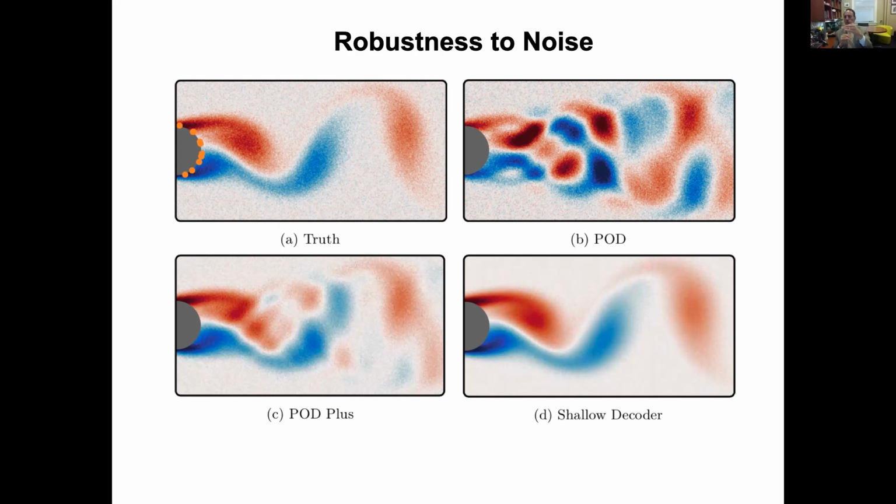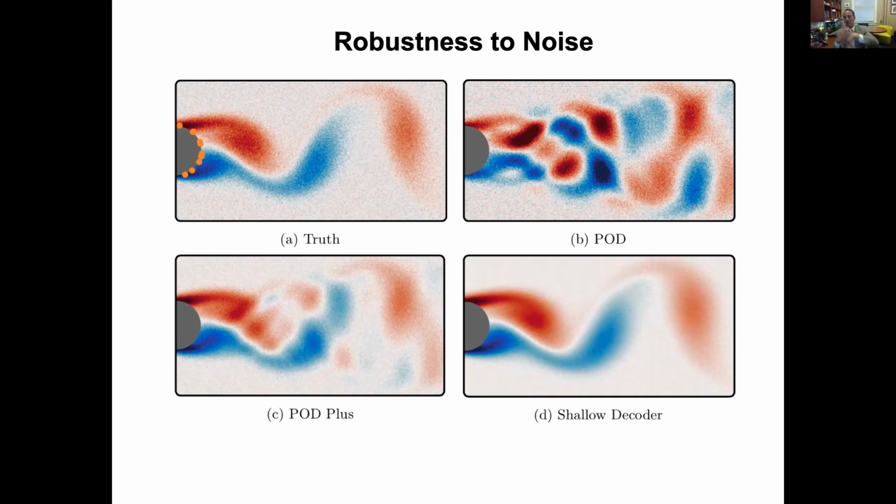There are some ways to improve this linear map, and that's on the bottom left, but it still doesn't do that well. But the shallow decoder is in the bottom right. And look how well it does. By the way, the amazing thing is, you see on the top left, you see that pepper? We put noise on this thing. So we have noisy data.